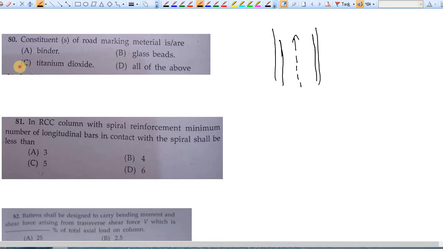Well, titanium dioxide gives the color of the road marking, whether it is white or yellow. Glass bead is the cause for reflecting light at night, so that in the night these markings are visible. And binder, yes, this binder actually makes the solution. So all of the above is the correct answer.